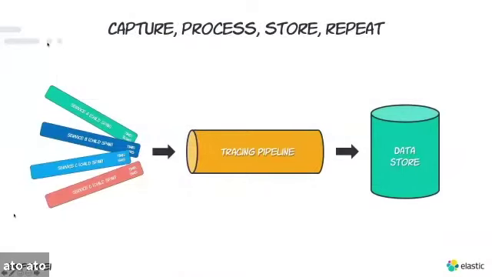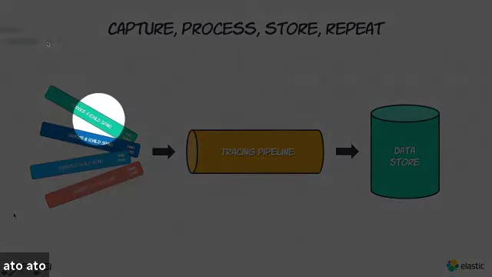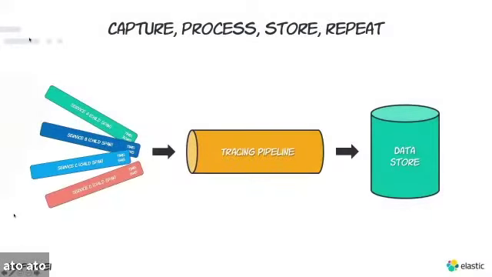So ultimately, the tracing process is all about picking up all the traces, right? Those are the examples of traces for each one of the layers or services of your architecture. And you're going to have this entity, let's call it an entity for now, called the tracing pipeline. This is a virtual representation.